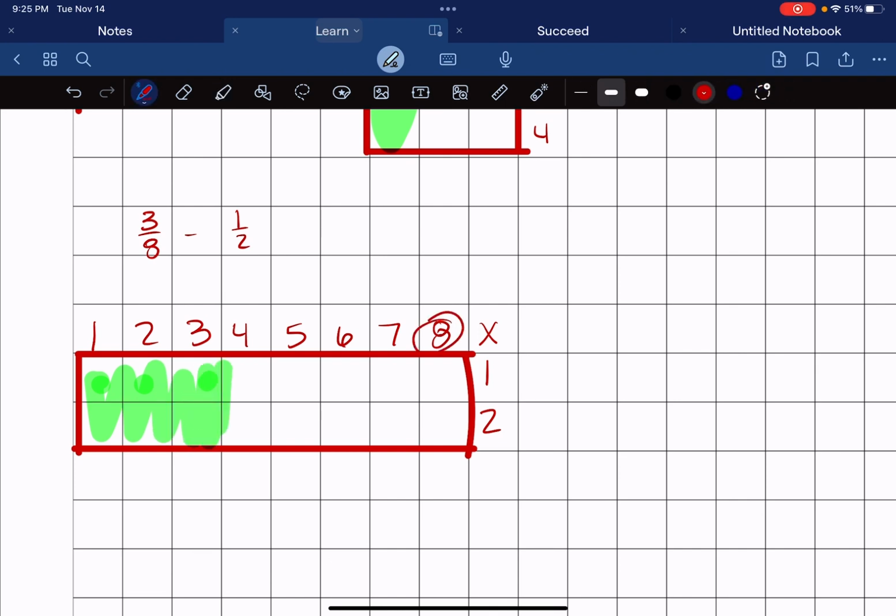If I look here, 8 times 2 is 16, so my denominator will be 16. Then I can count, or I can say 3 times 2 is 6. Or if I count the boxes, I should have 6.